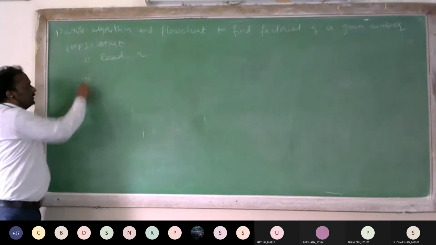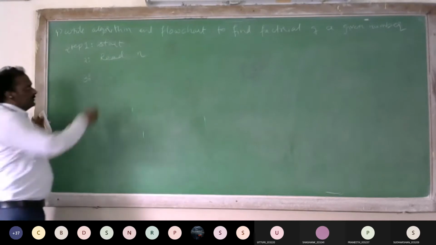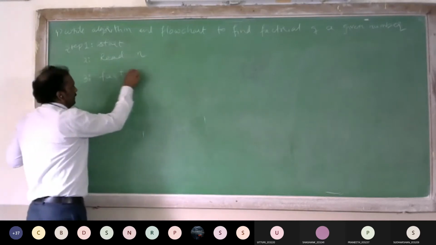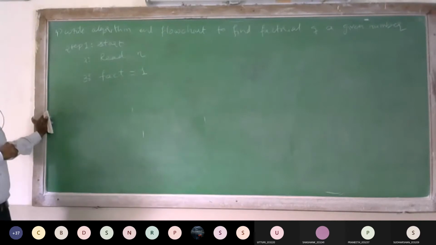Now, since factorial of 0 is 1, factorial of 1 is 1, the minimum value of the factorial is 1. So here I have to write that fact is equal to 1. In the previous problem, before starting the sum of n numbers, sum was 0.